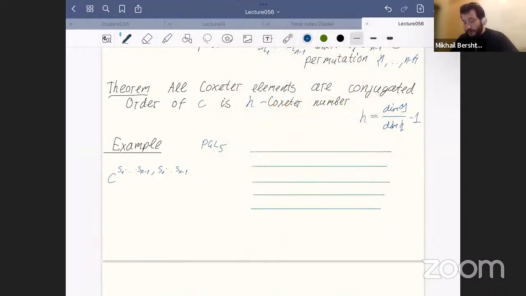For the Coxeter element itself, there is no way to change the reduced decomposition because there is no way to apply any braid rule. We have only one generator of each type. Okay, not literally correct: if two indices differ by more than one, of course we can permute them. Maybe I'll talk about this in a moment.